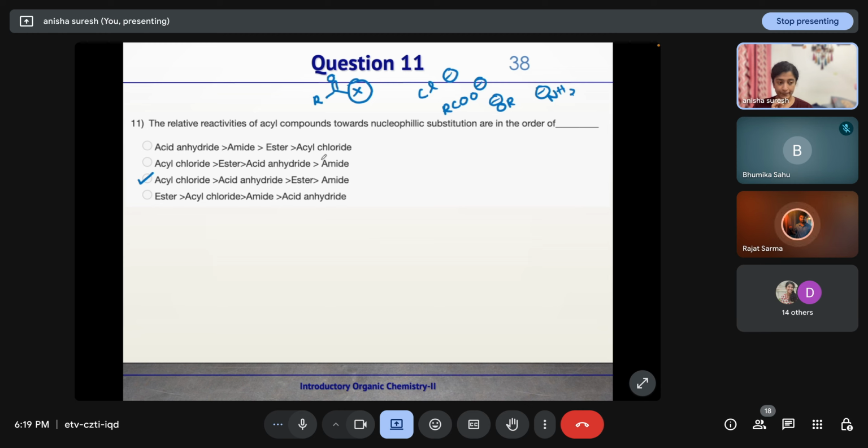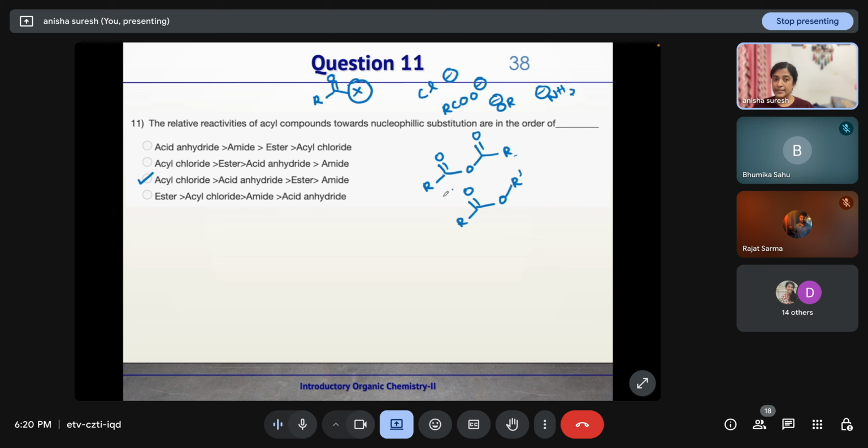Ma'am, what is the difference between acetic anhydride and ester? Like how is acetic anhydride much more reactive than ester? Because there is an oxygen connecting both the acyl groups, right? That is correct. But you see, the leaving group in this case is the structure. If I draw the structure of acid anhydride, R C=O O C=O R, this is acid anhydride, and this is ester, right?